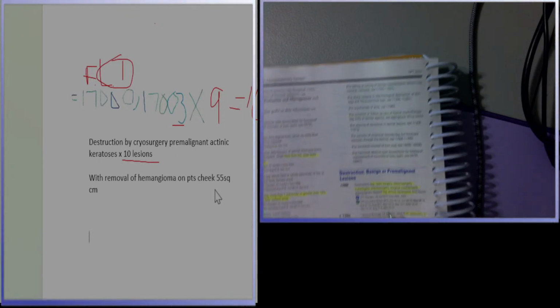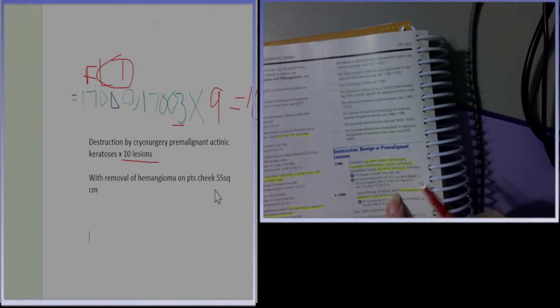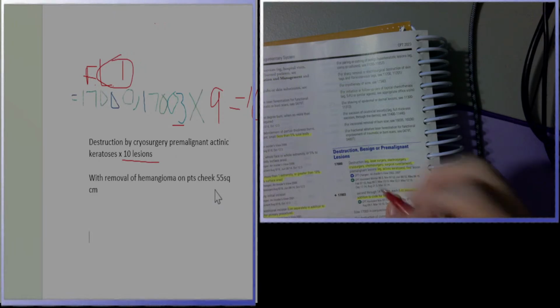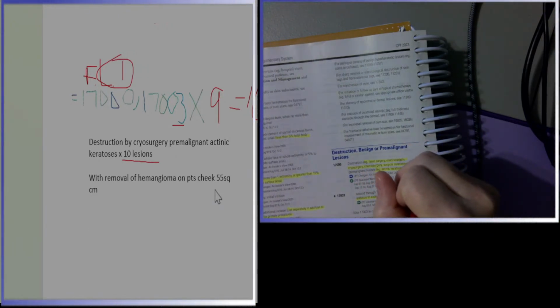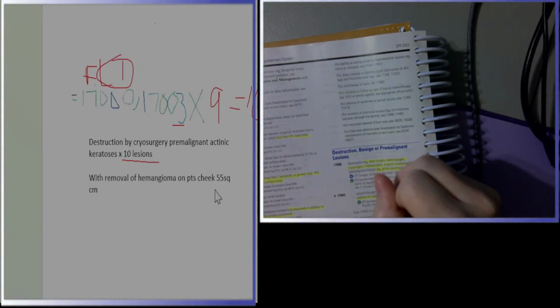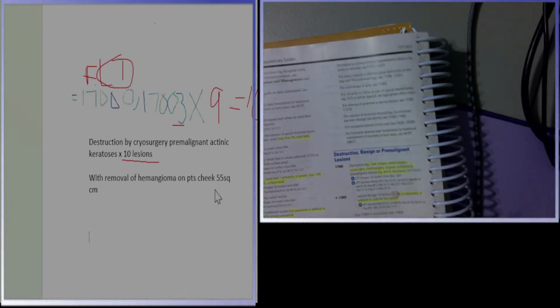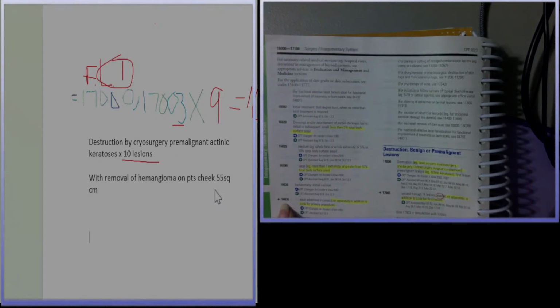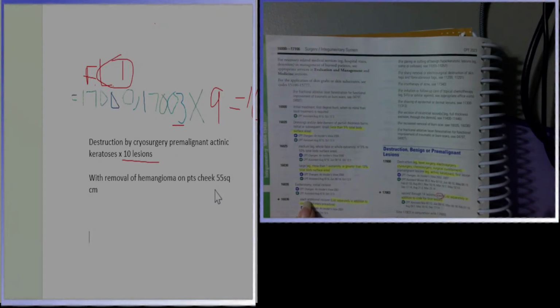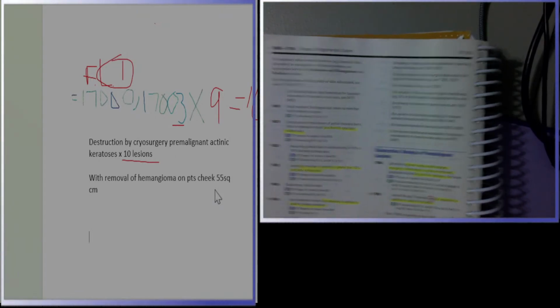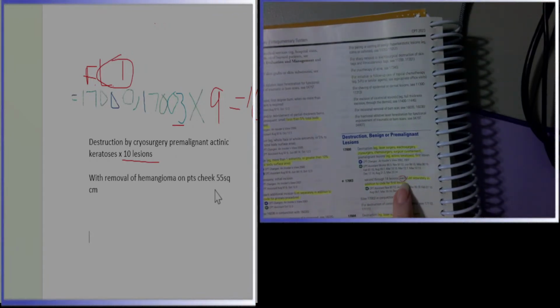This CPT code descriptor for the secondary code is written incorrectly. It should say the word each first. If you look through this book, like 16036 right there, it starts out with the word each. Every time there's usually an add-on code, it always starts out with the word each.